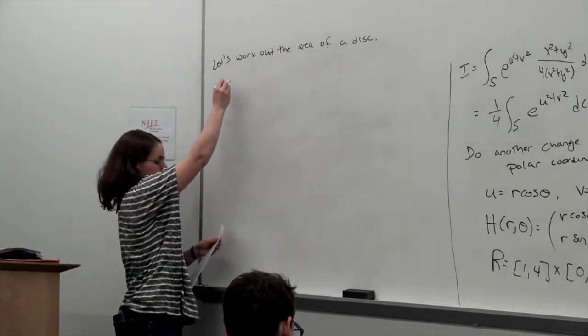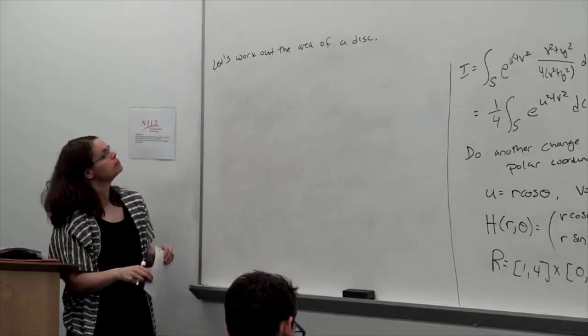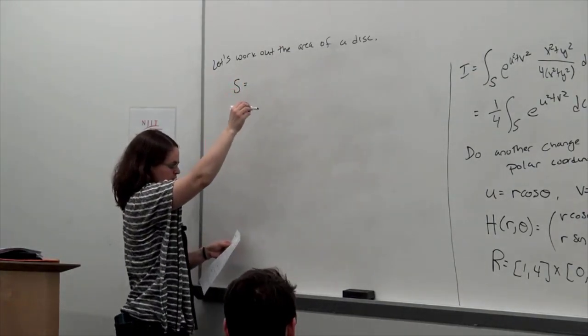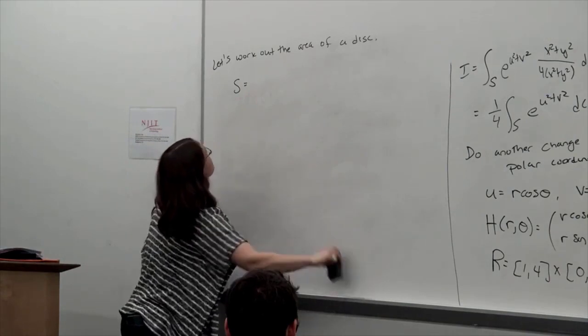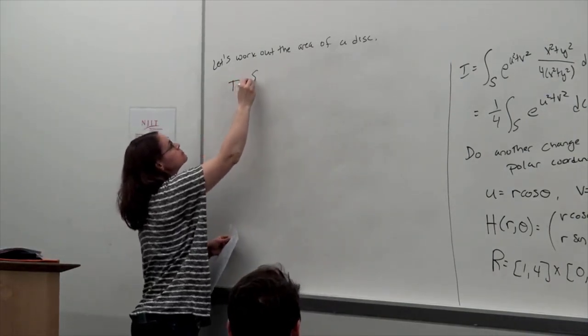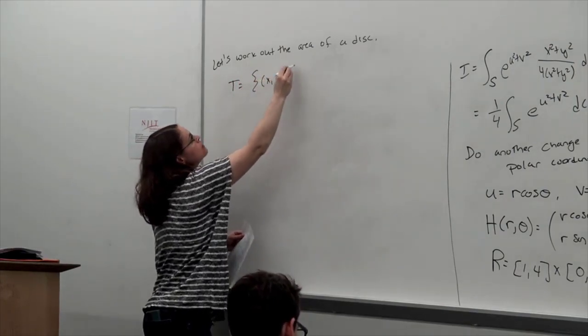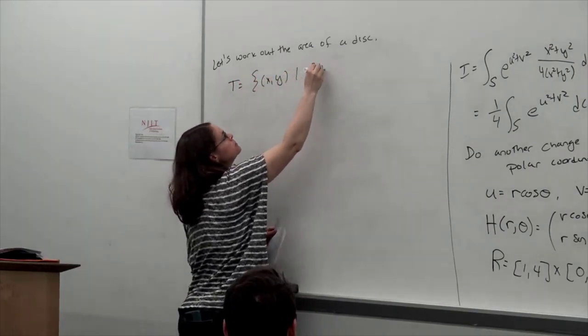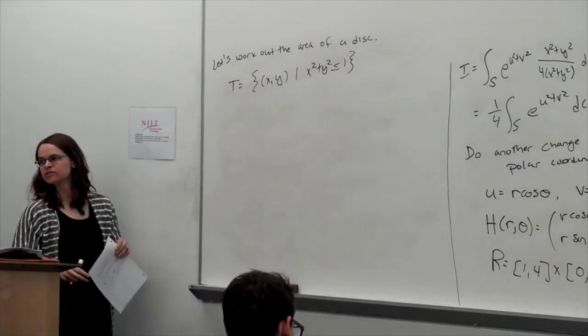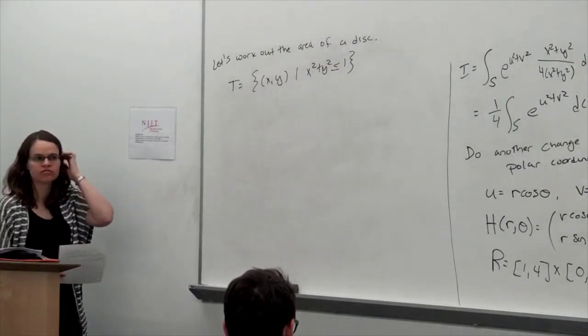Okay, so we have this set S. Do I want to call this S? Let me call it T. And I just want to integrate the constant function over this disk.